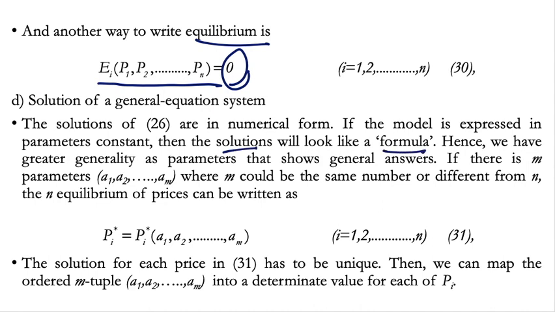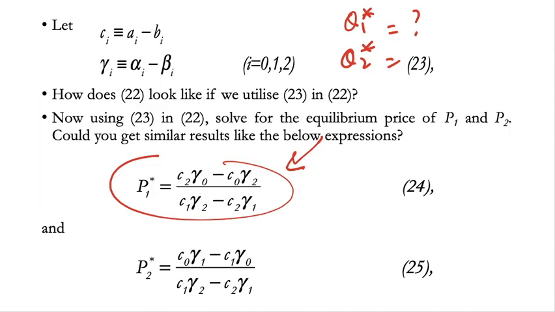When we solve it, the solution actually looks like a formula. For instance, this is the solution for price of commodity 1 in equilibrium position. But do you see one number? No, it's just all of the parameters. If we know the values of C2, gamma 0, C naught, gamma 2, then all of the coefficients here have specific values, and you can find the final solution as one number.